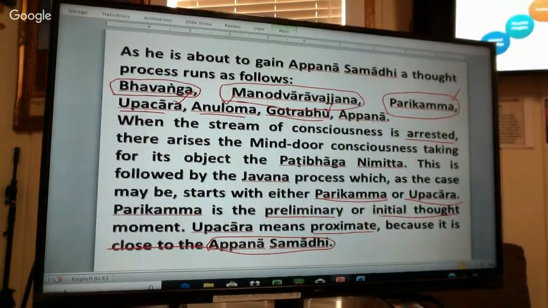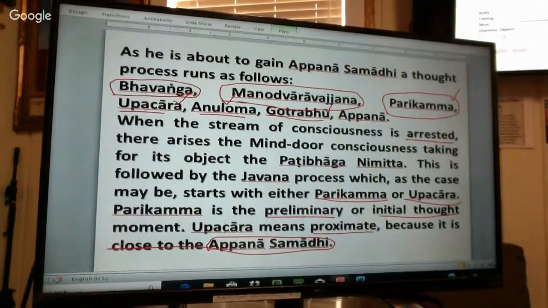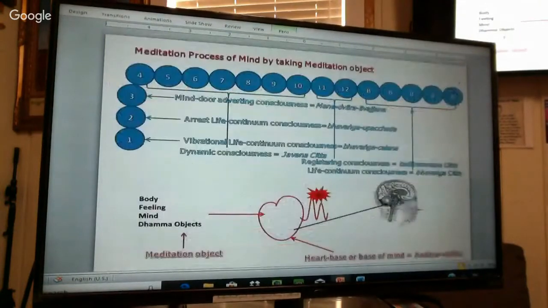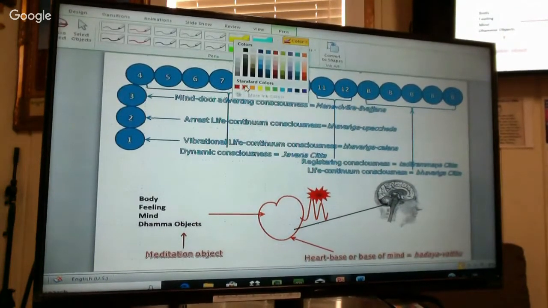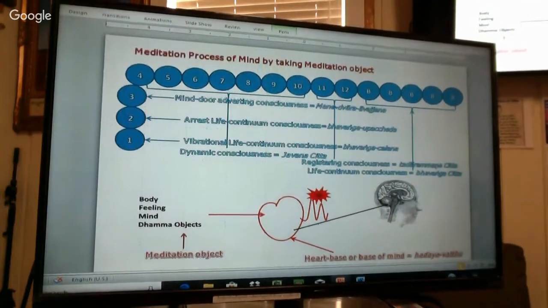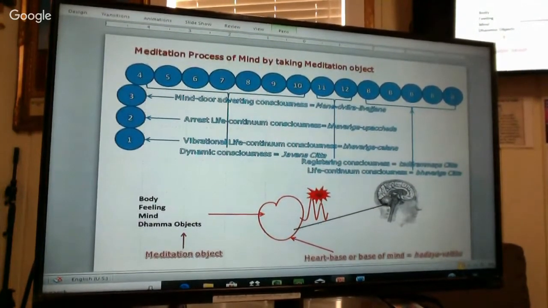I have a picture here. Before the meditation, you practice meditation again and again like this. Your process of mind goes again and again in this way. Maybe the object is a Dharma object.